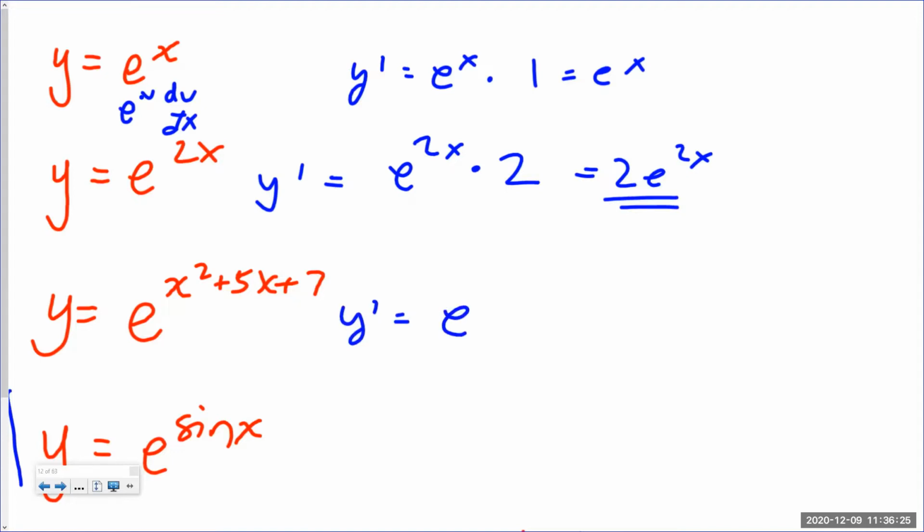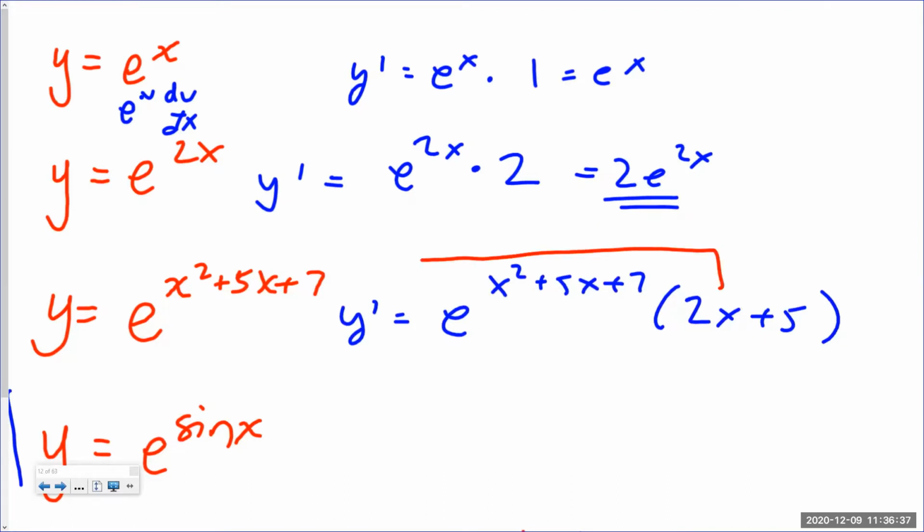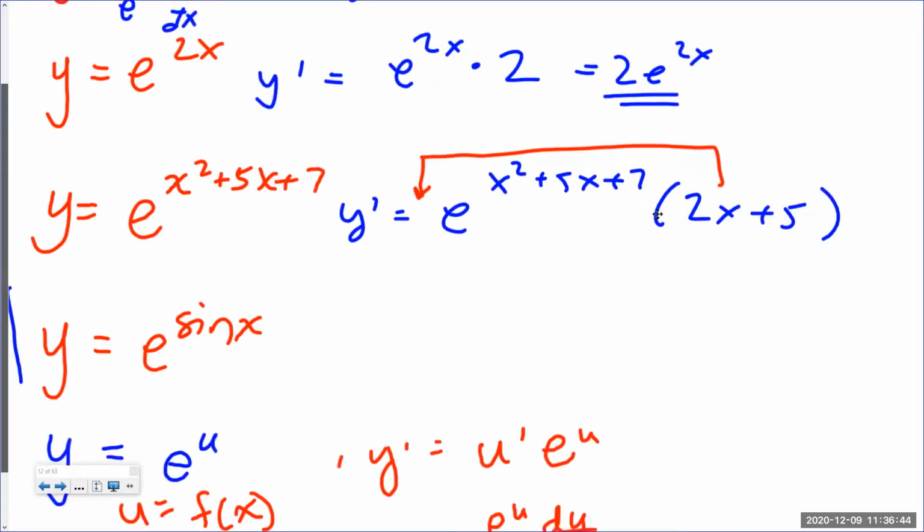Well, first you copy it, then you multiply it by the derivative, which is 2x plus 5. Okay, and if this were a multiple choice, it's way more likely that this 2x plus 5 would be in the front. It does need to be in parentheses because it's not just being multiplied. Well, if we're at the end, I think it'd be okay, but at the beginning, it's not 5e, it's 2x plus 5 quantity times the e.